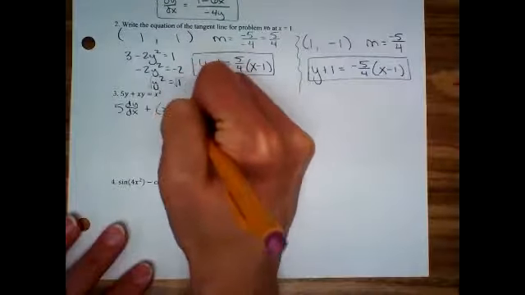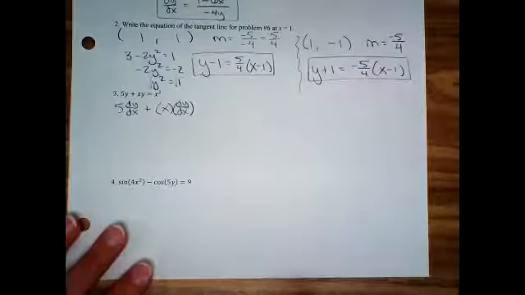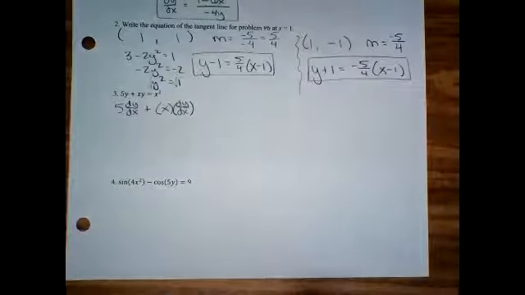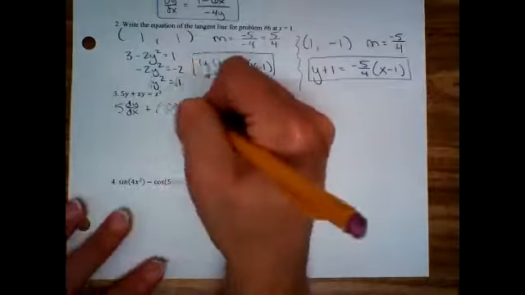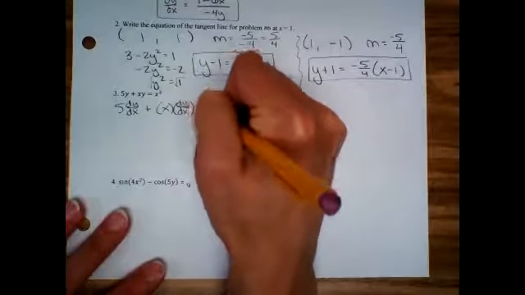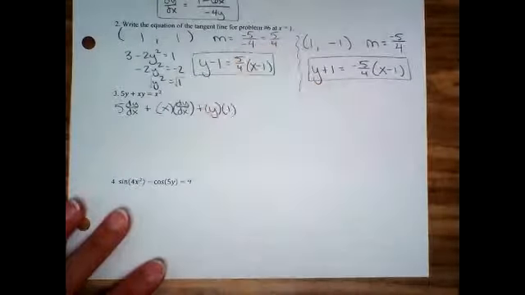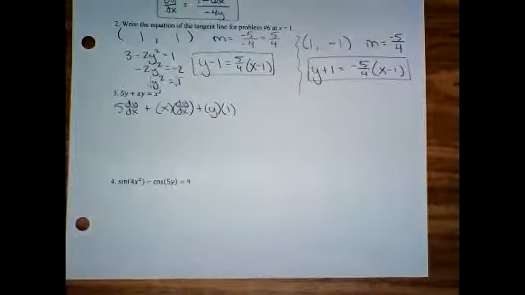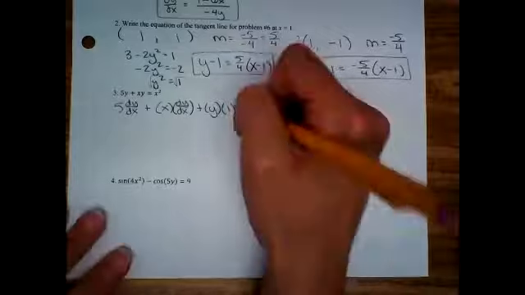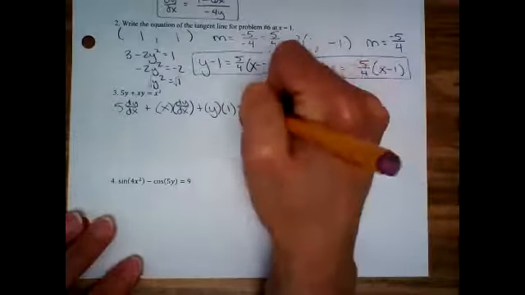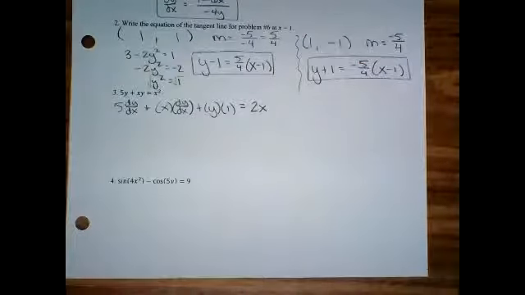So derivative of y is dy dx. Again, it's derivative of y with respect to x. So first times derivative of the second plus the second times derivative of the first. Derivative of x is just 1. If you don't want to write it, that's fine. I just put it in there to show you the pattern. And then equals 2x. That's the calculus, which honestly, that's the easy part.